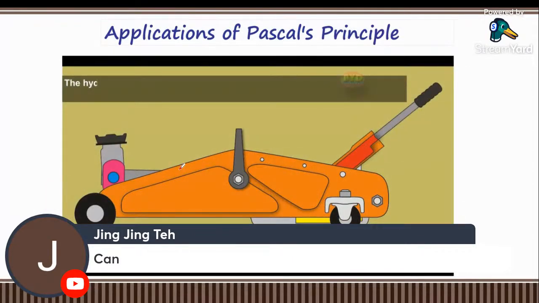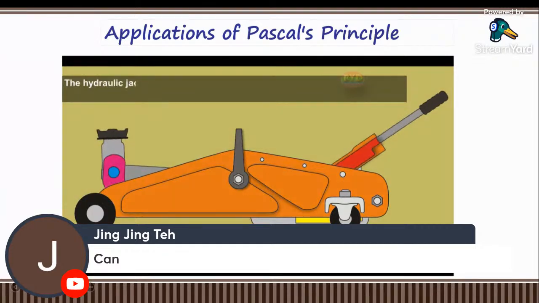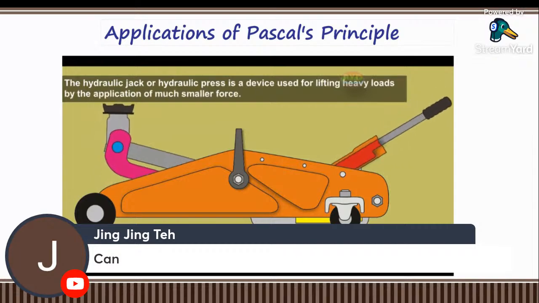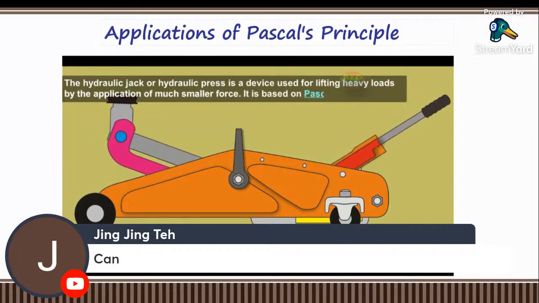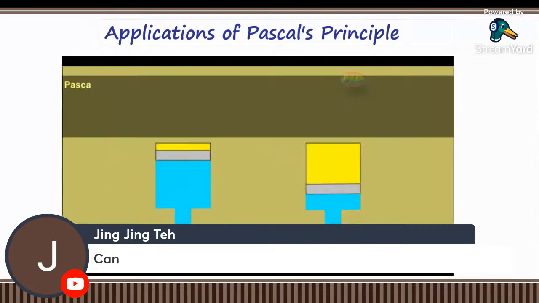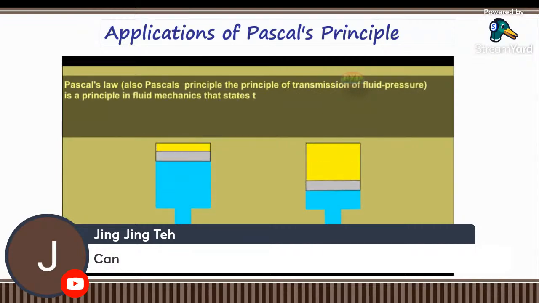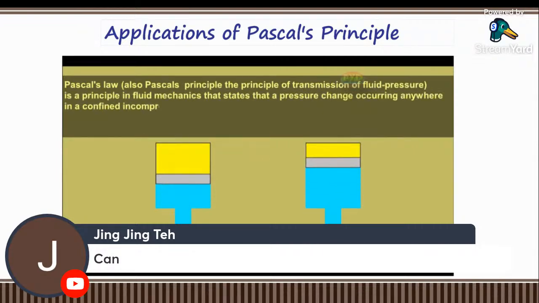Okay. Second ialah ini hydraulic jack, for lifting heavy loads by application of smaller force. This is also Pascal principle. Guna tangan saja untuk gerakkan dia naik turun, then it is able to lift the car, very heavy car.